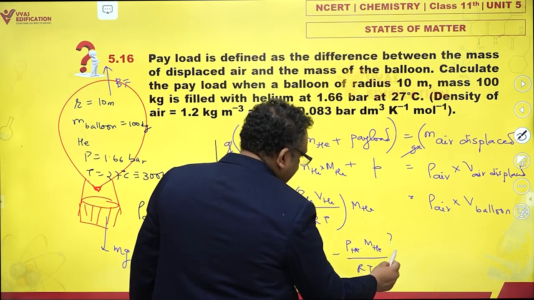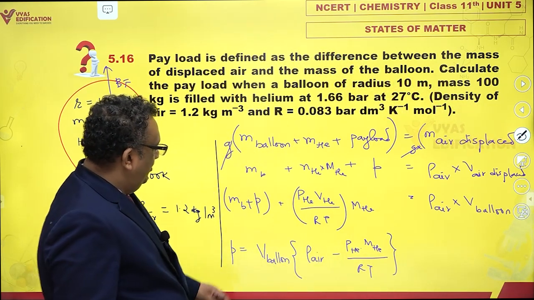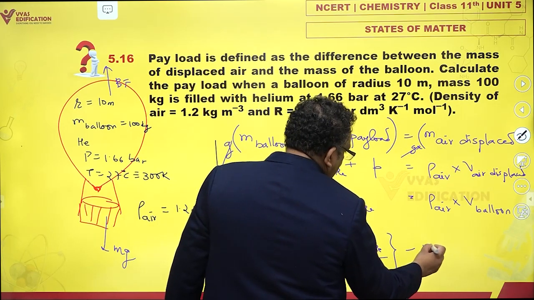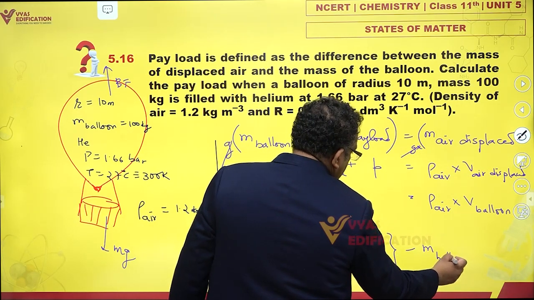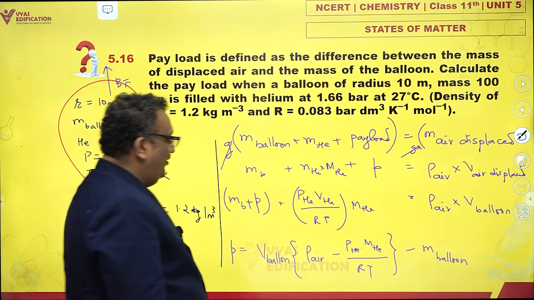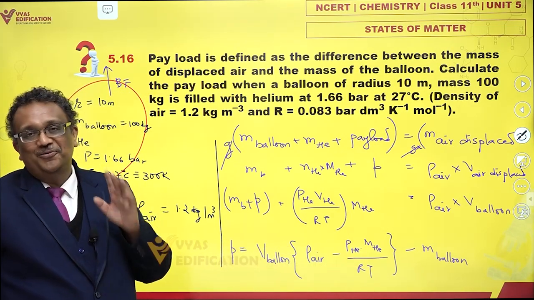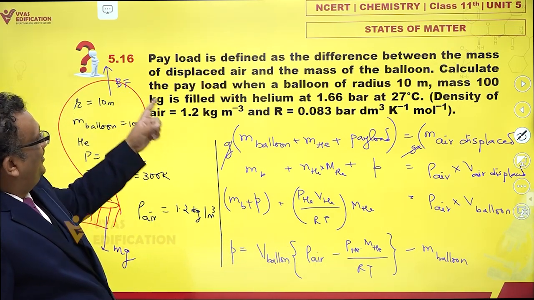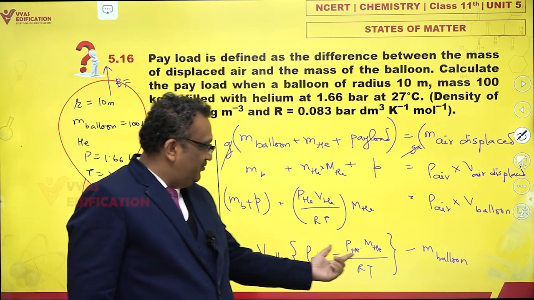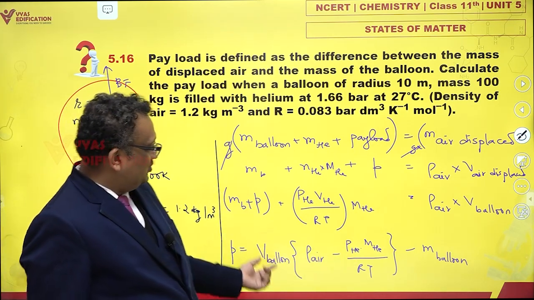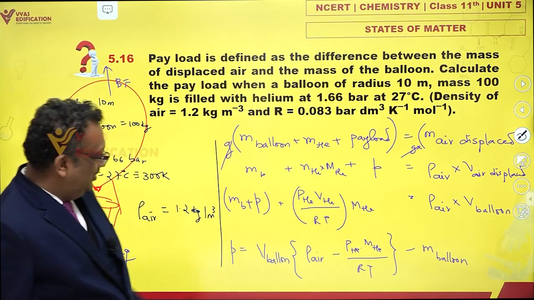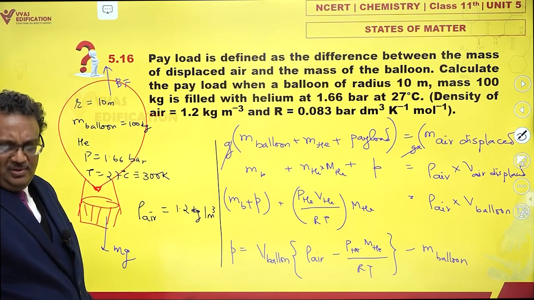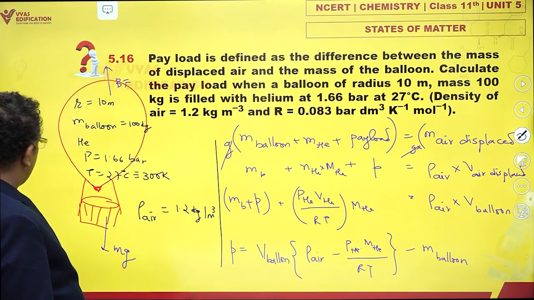Fine. Minus mass of balloon. I have got a formula for payload, right? Difference between the mass of, this is mass of displaced air and mass of balloon, right? Can I substitute? Well, this is all I can do, so let us do that.